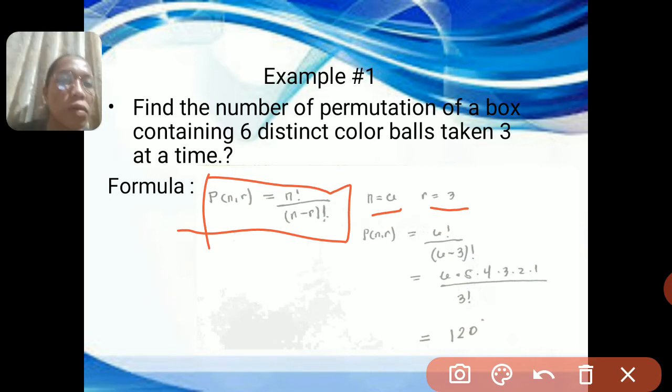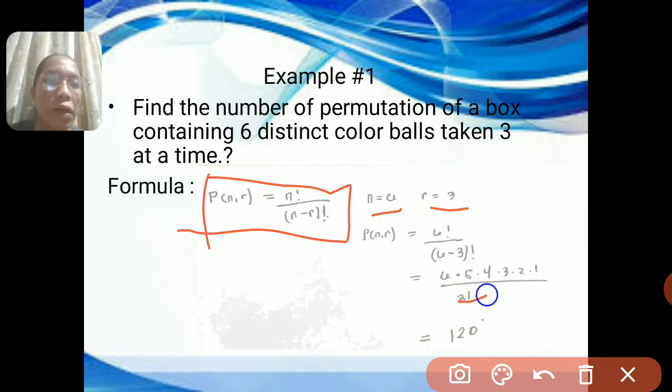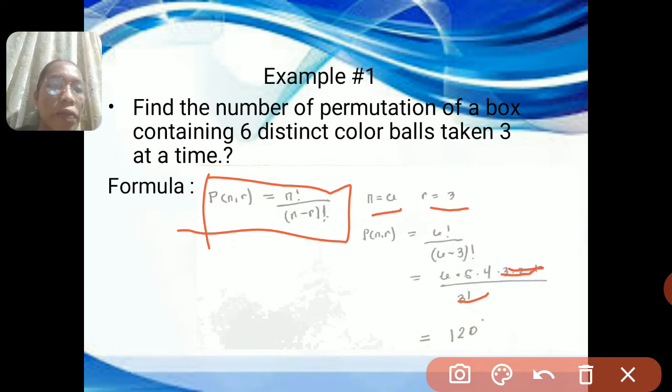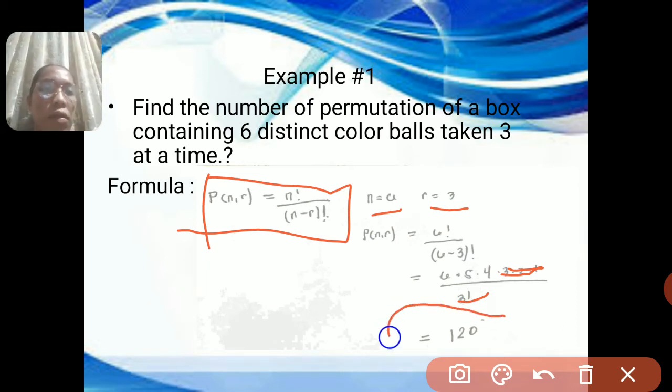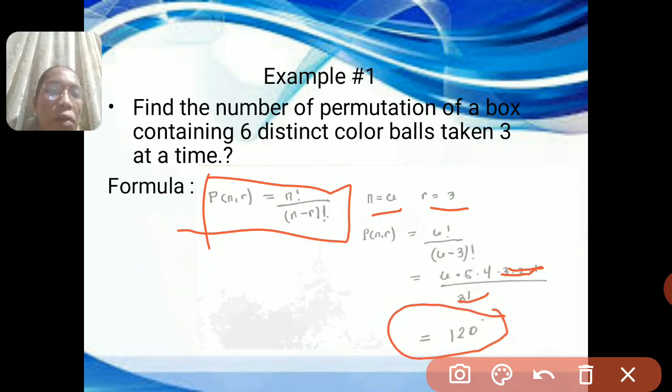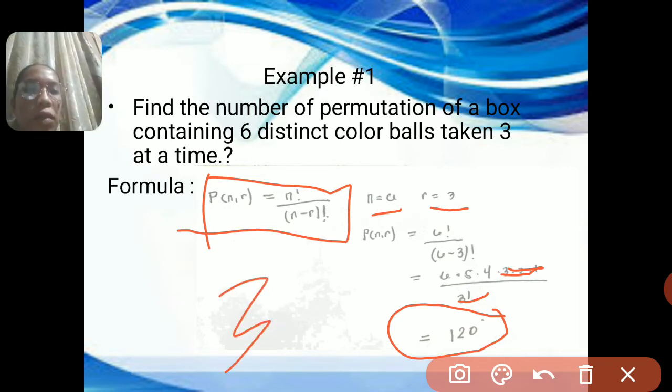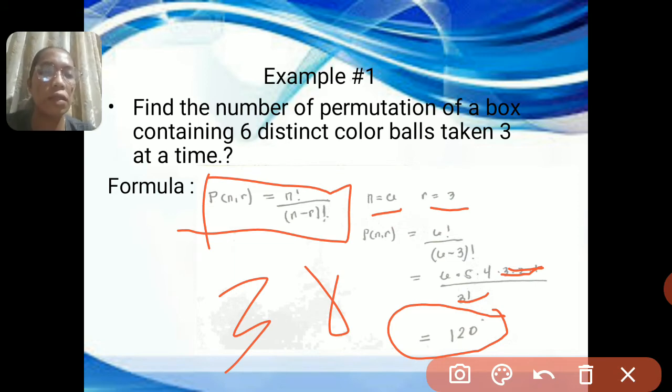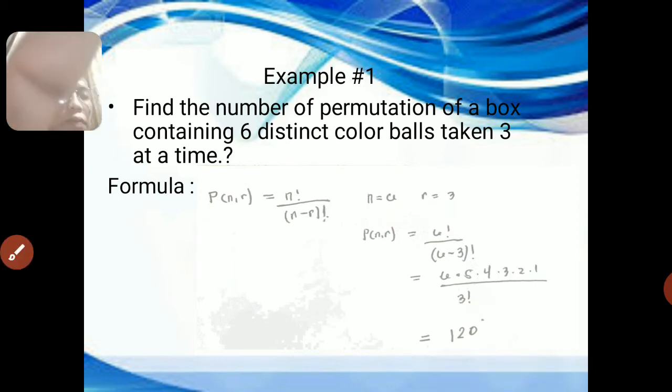So we need to cross out the 3 factorial. So what is left is 6 times 5 times 4. And the answer is 120. Why? Because 6 times 5 equals 30, and 30 times 4 equals 120.